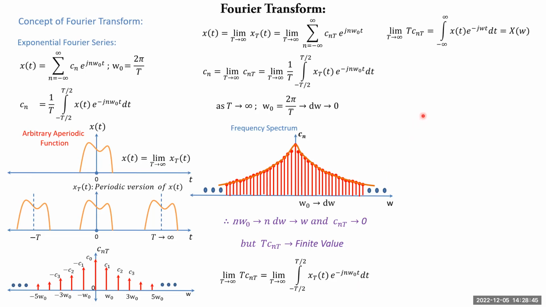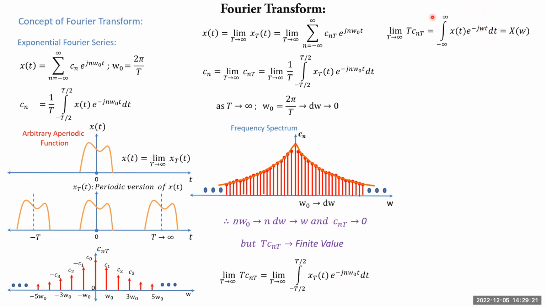Now here, when you apply the limit to each term of this integration, the limits of integration, when we substitute T tends to infinity, will become minus infinity to plus infinity. The limit applied to the periodic version of x of t will become your original function x of t. And as T tends to infinity, n omega naught tends to omega, and therefore it will become a continuous variable.